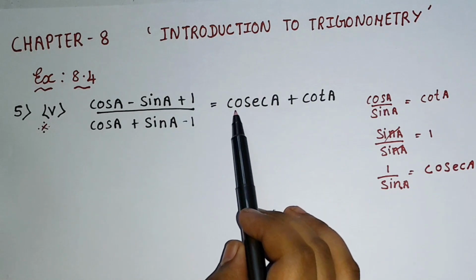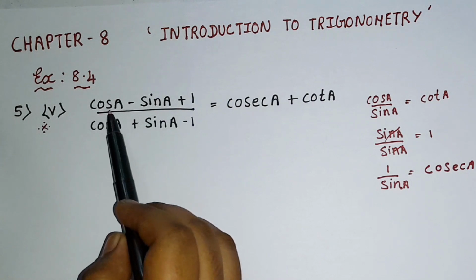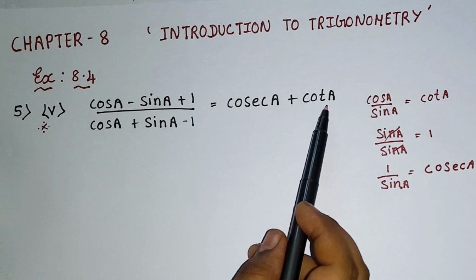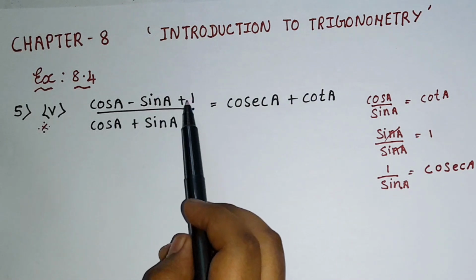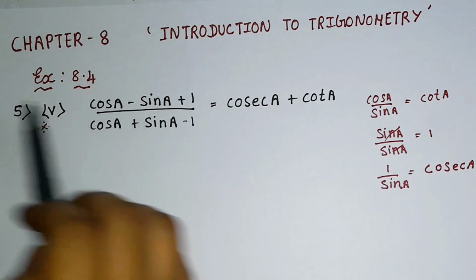So here in the right hand side we have cosecant A and cot A. If I write cos A divided by sin A, I'll get cot A, which is similar to the right hand side. And if I write 1 divided by sin A, I'll get cosecant A. That is also similar to the right hand side.